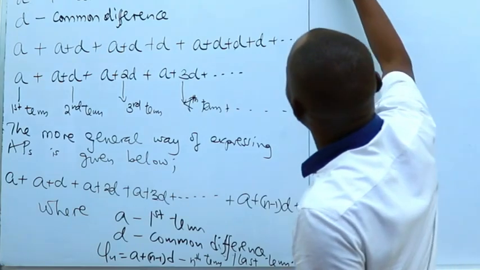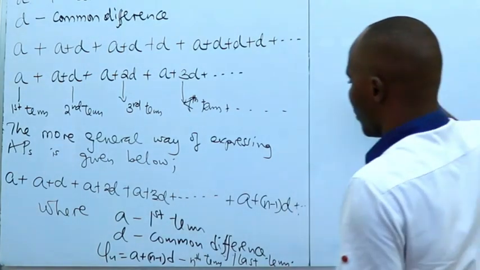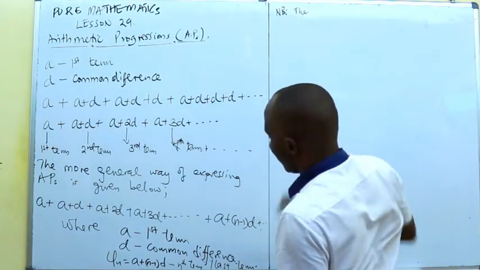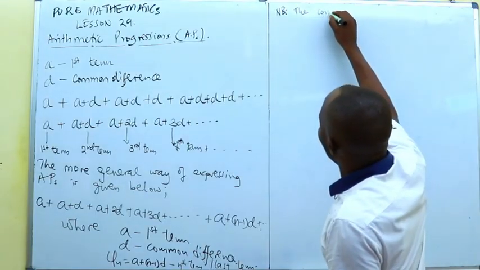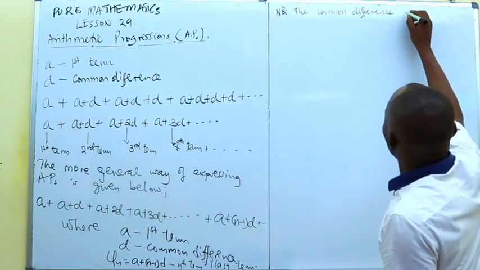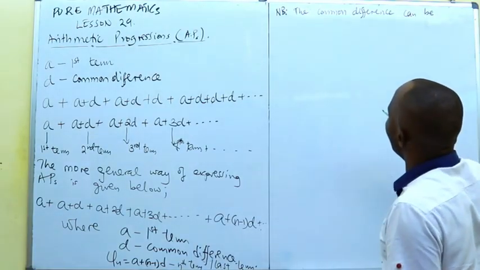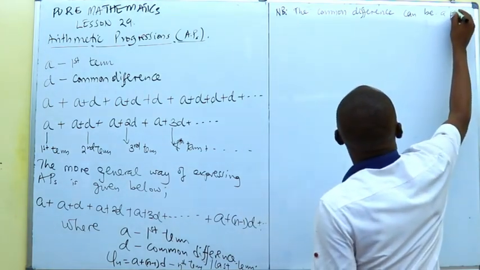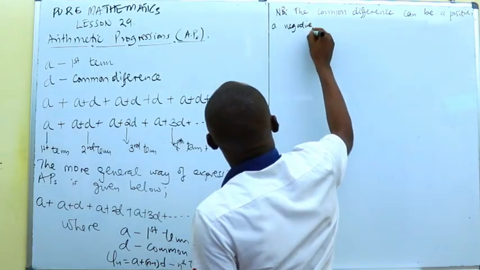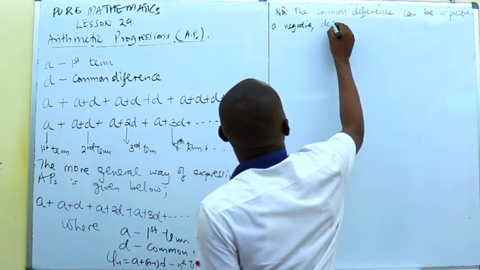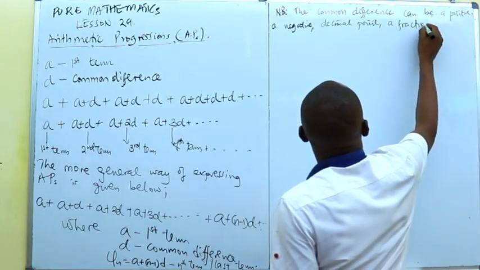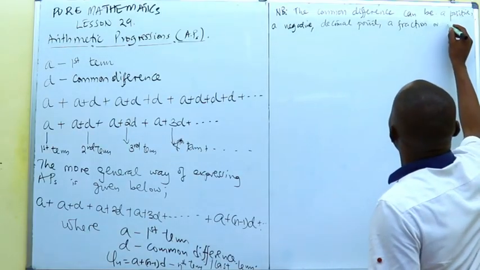NB. The common difference can be a positive, a negative, a decimal point, a fraction, or any integer.